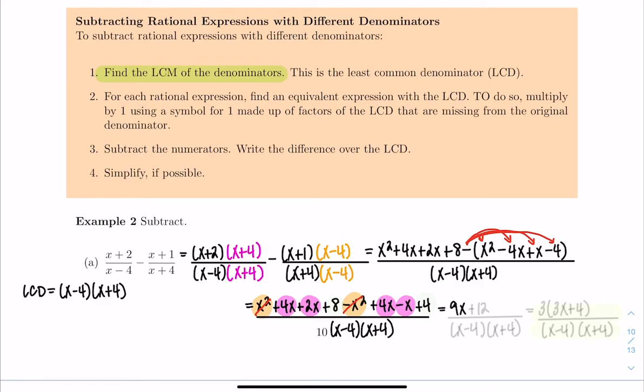And I have 8 and 4, which gives me 12, all over the LCD. And the only thing I can really do here is pull out a 3 as our GCF, and we're left with 3 times 3x plus 4 all over the LCD.